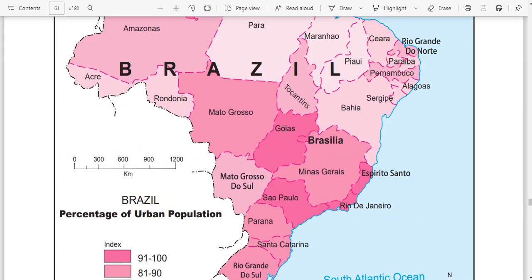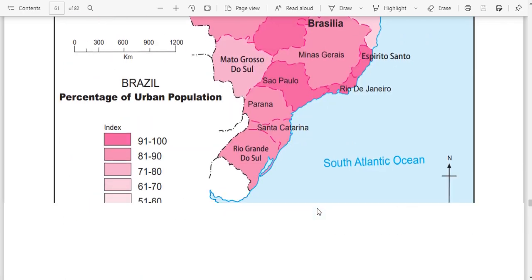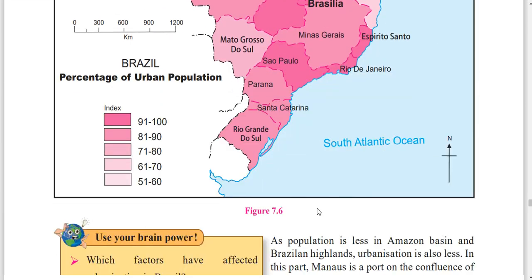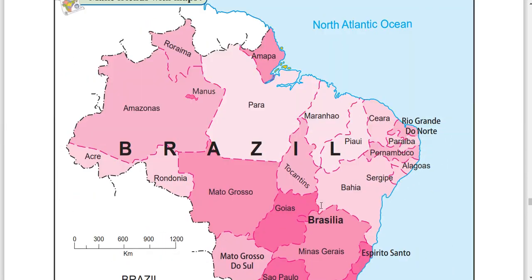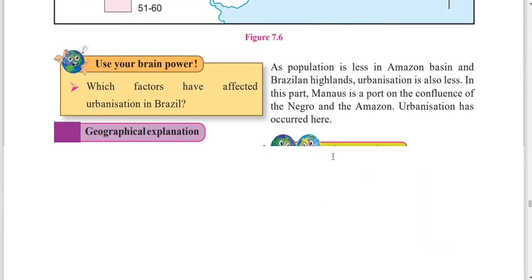So we can see Goiás is dark pink, Sao Paulo is dark pink, Espirito Santo is dark pink, Rio de Janeiro is dark pink. Para is light pink. Maranhão is light pink. Piauí is light pink. Okay, let's move ahead.